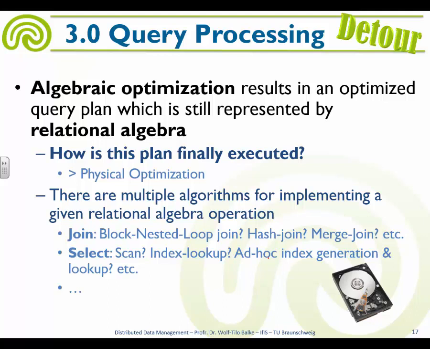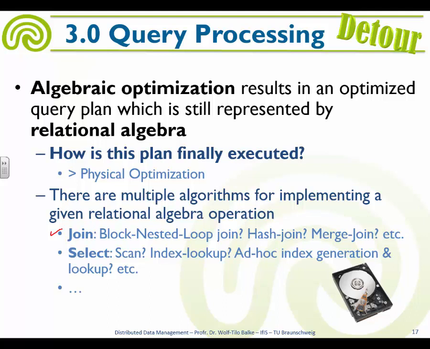And as I said a few minutes ago, at the end, we still have only a relational algebra expression. So the next step is to do physical optimization. Now that we know this is the relational algebra expression that we want to execute, now we need to look at what kinds of join implementations we offer in our system. Do we offer block nested loop join, hash joins, merge joins?